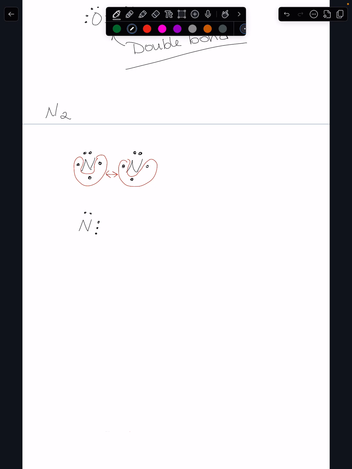So there's its 5. I'm going to move those 3 from this one to the middle too. 1, 2, 3, and leave the lone pair at the top. So each side, you can see now, thinks it has 8 electrons. This is a triple bond with 2 non-bonding electrons on the top.